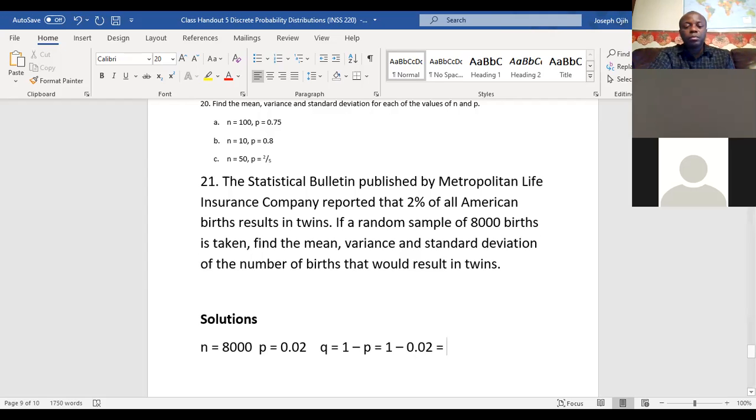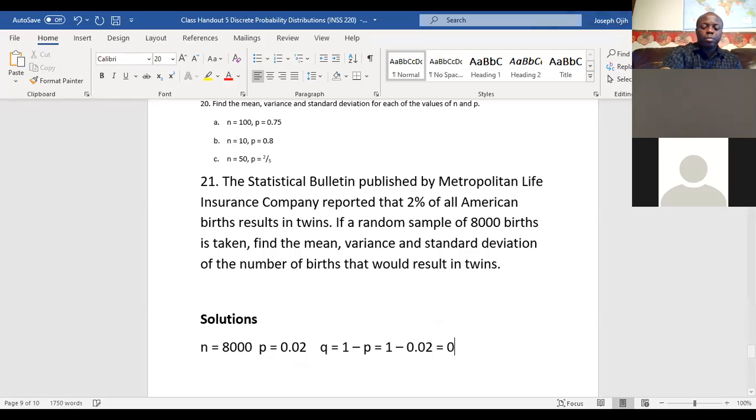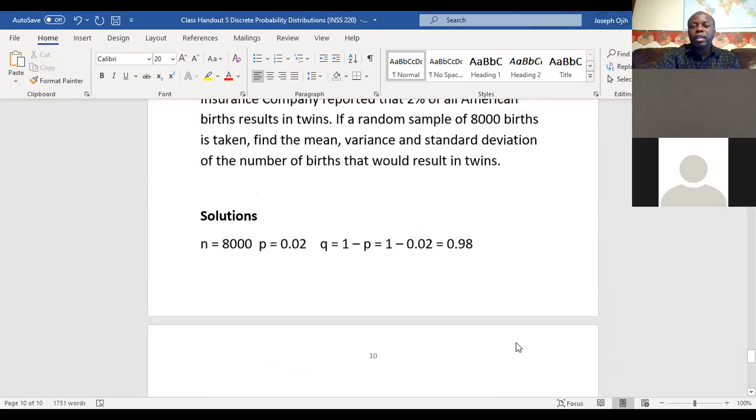On a calculator, 1 minus 0.02 is 0.98. So we have it here as 0.98. With this, we are ready to answer the question.